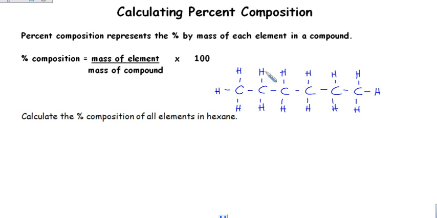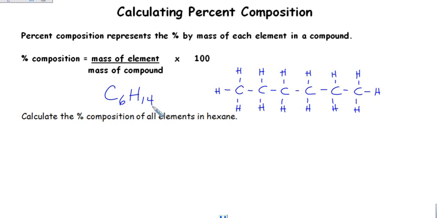Hexane should be C6H14. With an organic, which they are kind of sprinkled throughout second semester a little bit, the best way of getting the formula is really just to sketch it. Hexane, 6 carbons single bonded.